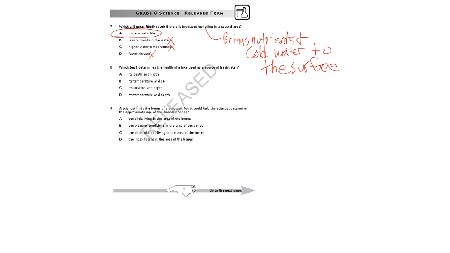Which best determines the health of a lake used as a source of fresh water? So it would be temperature and pH. High temperature water has less dissolved oxygen.